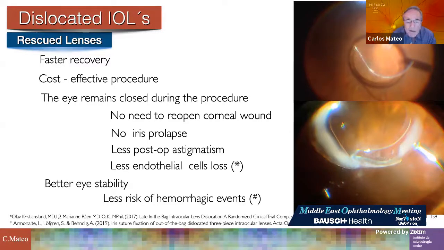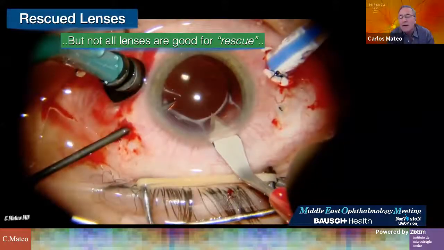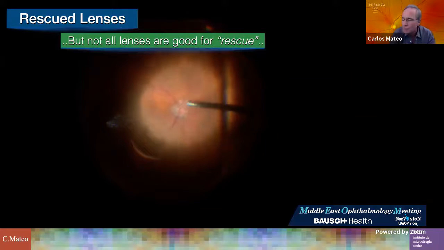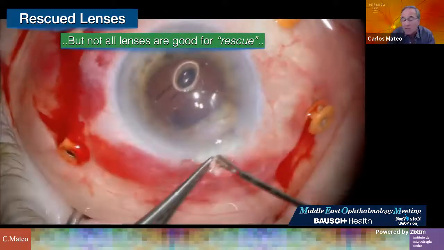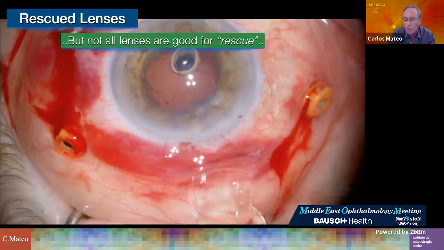You will have better stability during the procedure with less risk of hemorrhagic events. Evidently, not all lenses are nice for recovery. Silicone lenses, for example, are not good for recovery, and you have to remove them.